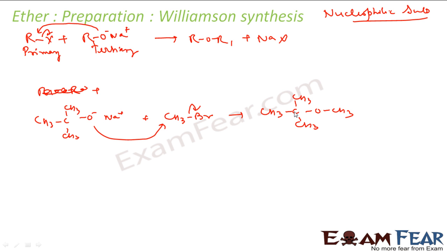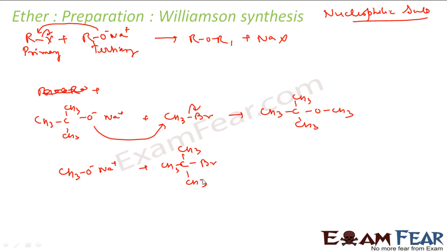Let's see what happens if you just reverse the effect. Say CH3O minus Na plus, and here instead of primary you take tertiary alkyl halide. You see the effect now. As I told, if you take secondary or tertiary here, you have elimination reaction. This O minus has to attack, but if you see, there is no place to attack.